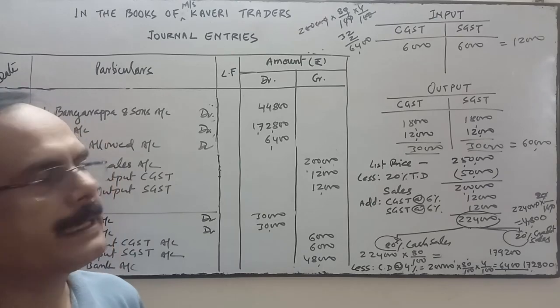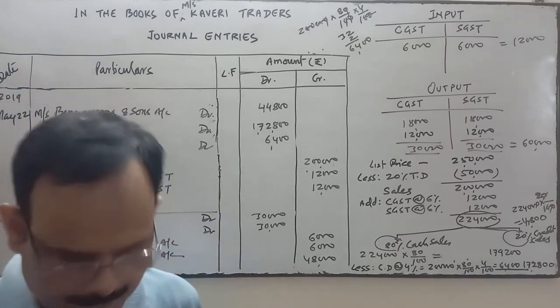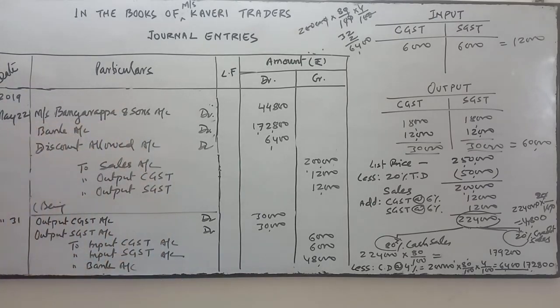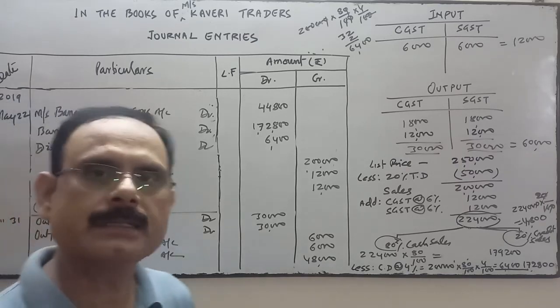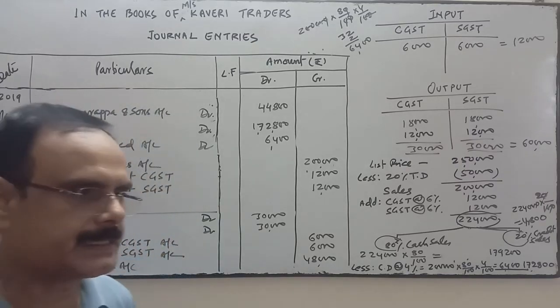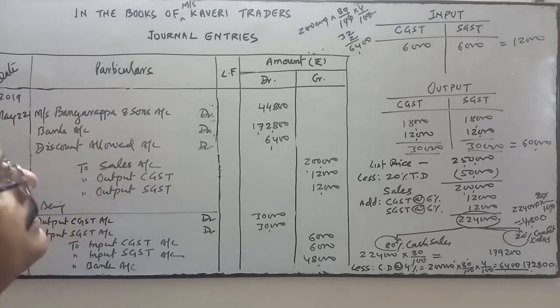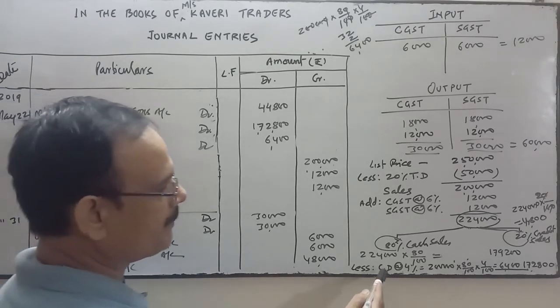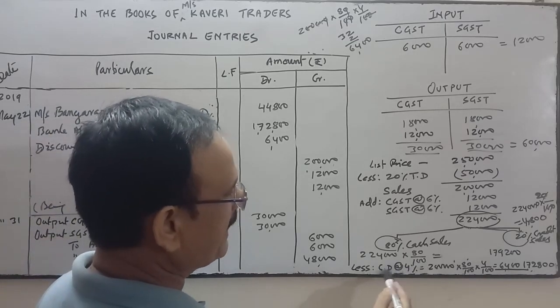Is this transaction clear? Output CGST is a liability, and input CGST is considered an asset. The main problem you may face is calculating the cash discount.